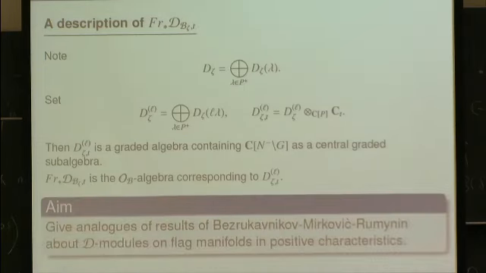Okay. And the aim of my talk is the following. I want to give analogs of results of Bezrukavnikov-Mirkovic-Rumynin about D modules on flag manifolds in positive characteristics.